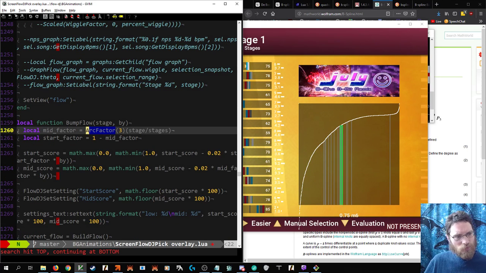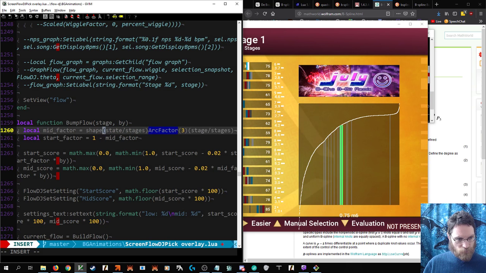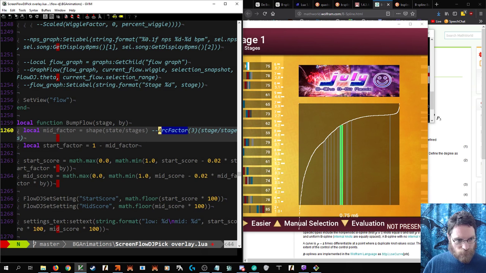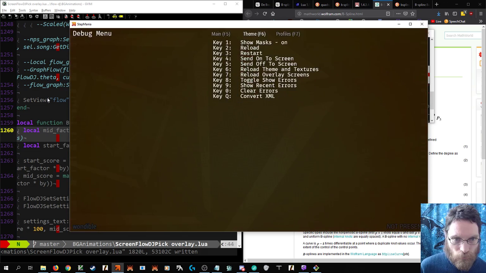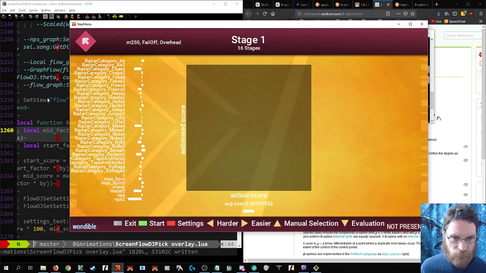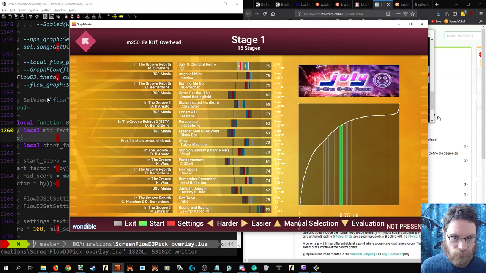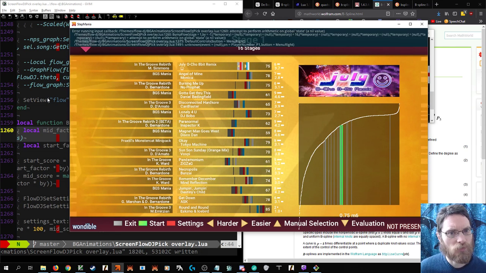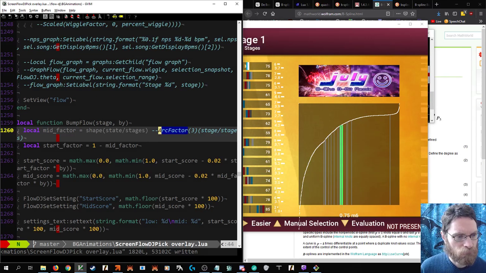Below that. Oh no, because it has to be shape of stage divided by stages. We were evaluating it at that exact point. No, we are not. State.